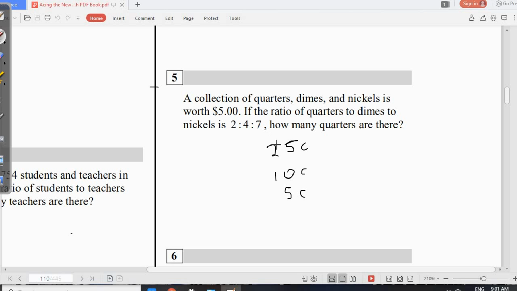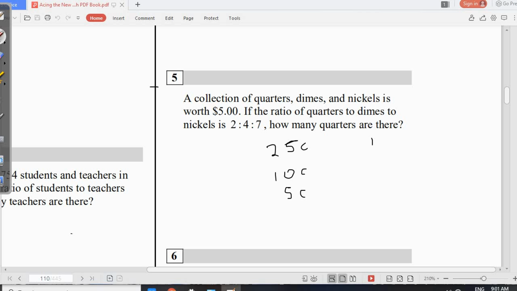If you add the ratio together, 2 plus 4 plus 7 gives you 13.